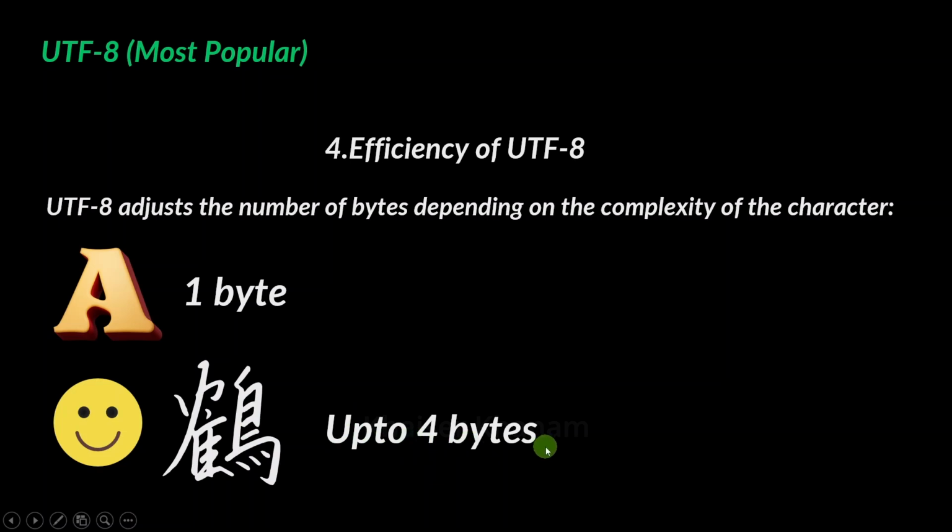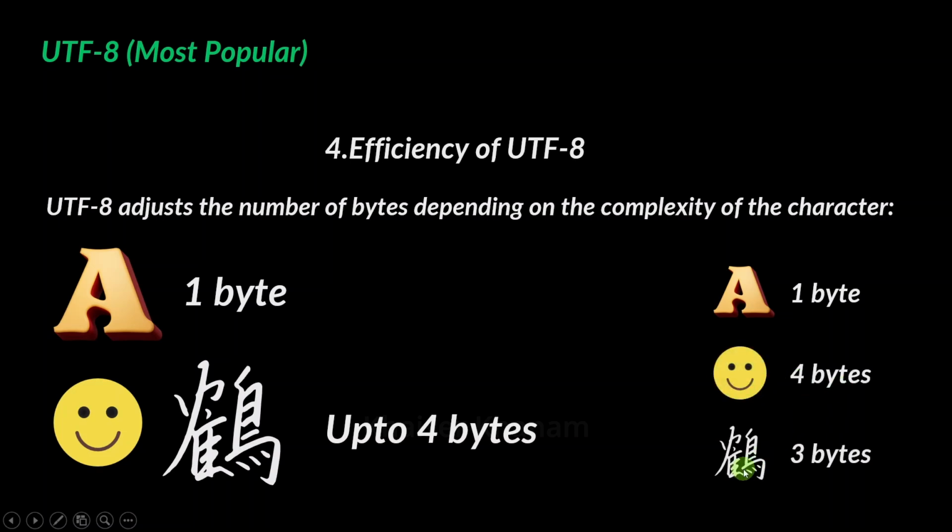So just imagine 4 bytes, which means 8 into 4, we will have 32 bits. Up to 4 bytes. It is not exactly 4 bytes. Accordingly, it will adjust. For example, for characters, 1 byte. For emojis, it can take 4 bytes. For Chinese characters, it can take up to 3 bytes.